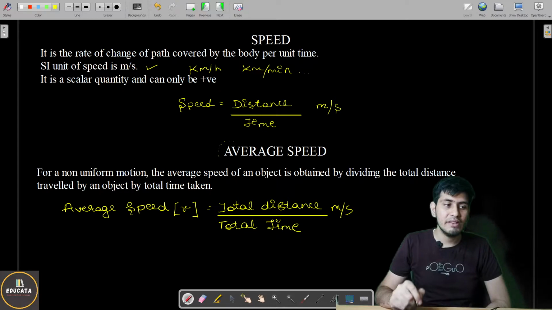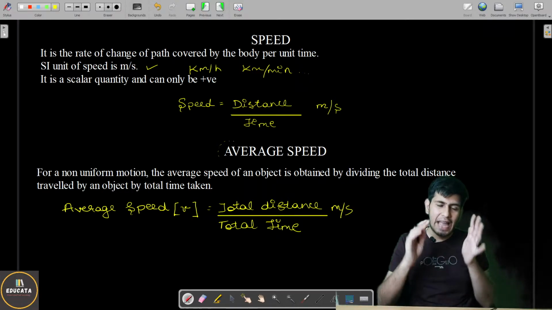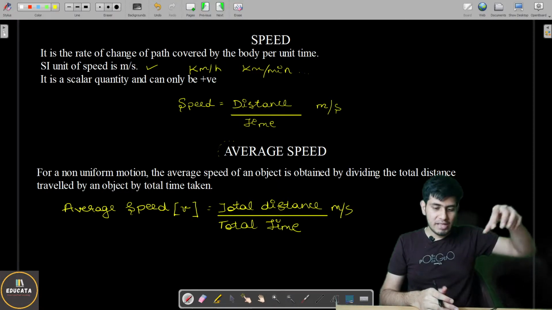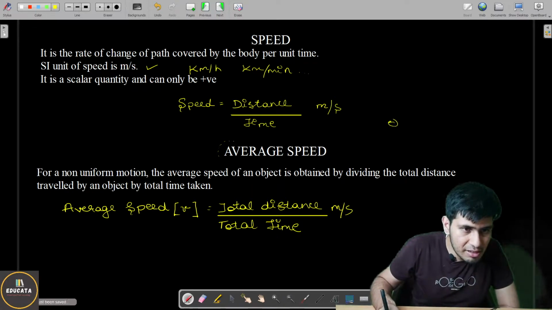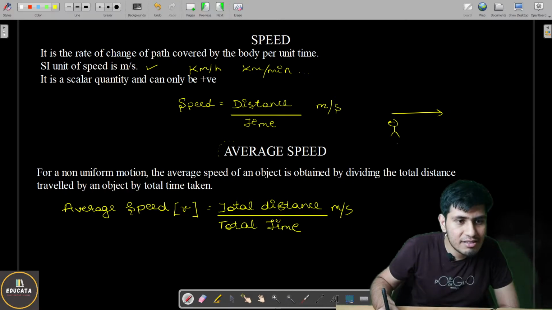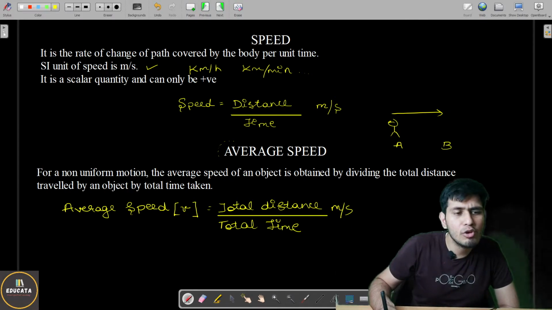What do we mean by the average speed? For calculating the average speed, suppose that there is a person, and he is starting from point A. He moved till point B with a speed of, you can consider, 30 meter per second.